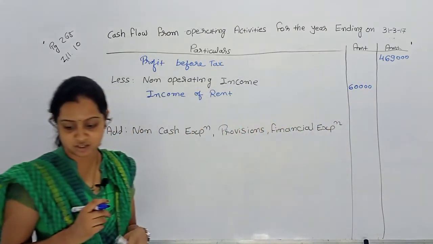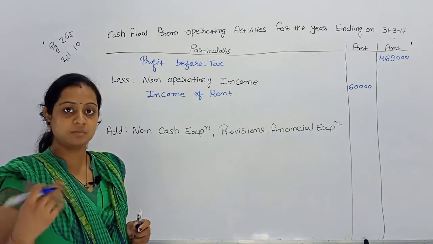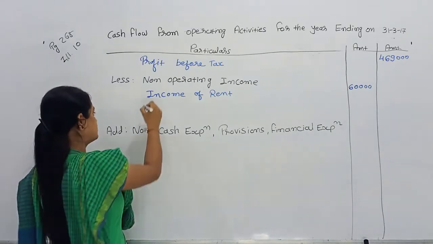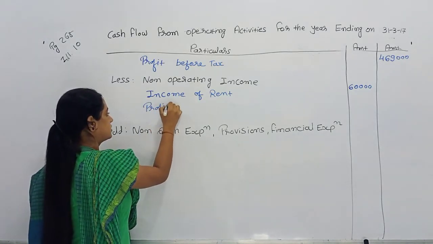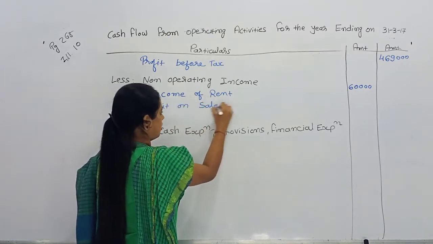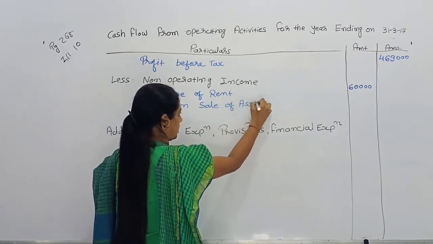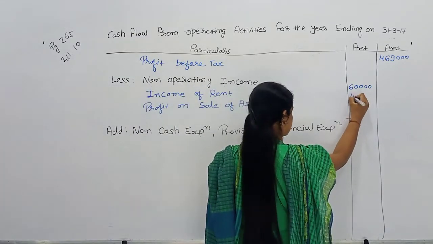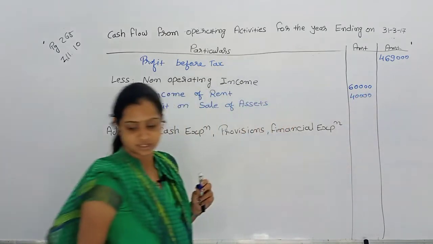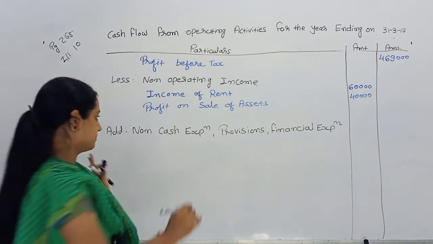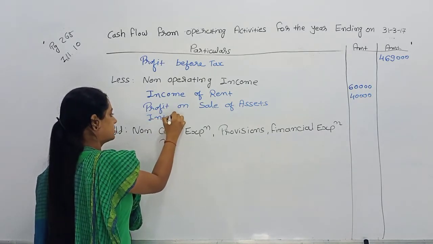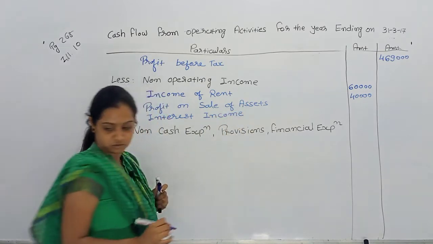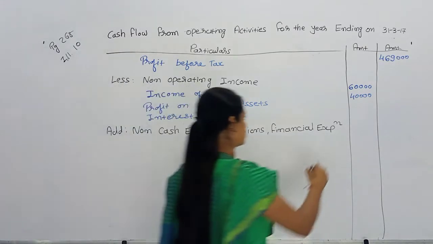Then next, profit on sale of assets, that also comes in investing activities, that's why we are deducting it here. Profit on sale of assets, amount 40,000. Then interest income, that is also non-operating income, amount 90,000.